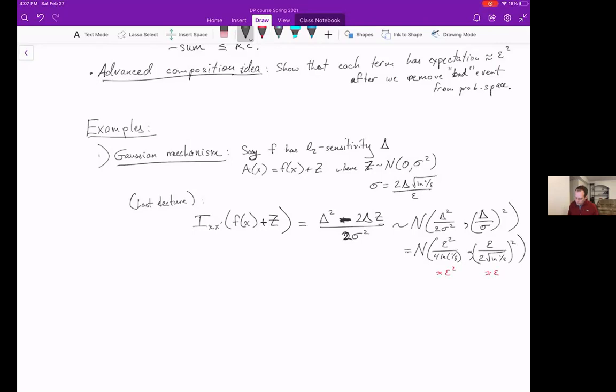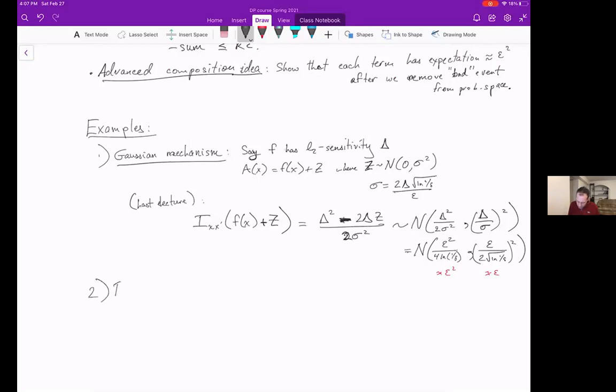Even though the statement we use about the Gaussian mechanism is that the probability that this information loss exceeds epsilon is at most delta, we actually know a lot more about it. We know that its mean is at most epsilon squared, and its standard deviation is at most epsilon. In fact, less than that, because there are log 1 over delta terms, but let's ignore those for a second.